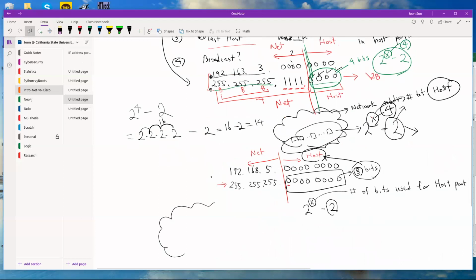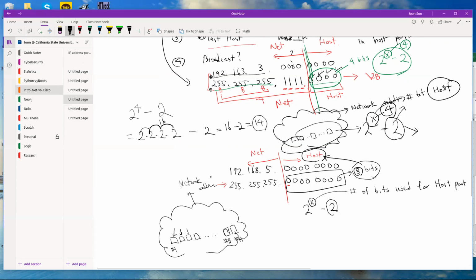So we have a local area network with a network address, and we can have up to 14 hosts: 1, 2, 3, 4, up to host number 13 and host number 14. So we can have 14 usable host IP addresses.